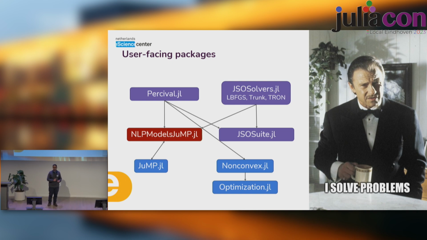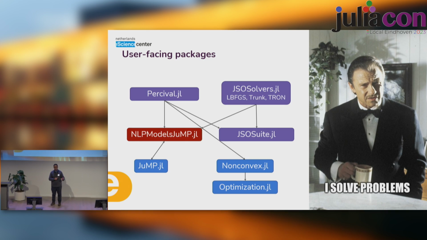One of the ways that we like is using NLPModelsJuMP. NLPModelsJuMP is a bridge between the JuMP modeling language and our NLPModels. So you can create NLPModels by giving it a JuMP model problem, or, a recent addition by Benoît Legat, you can take one of our solvers and give it to JuMP, and JuMP does its thing.